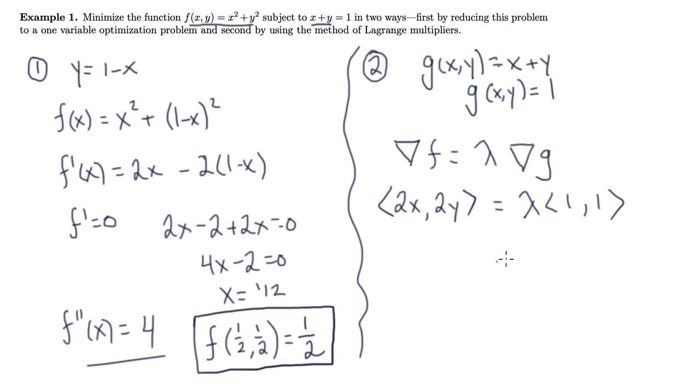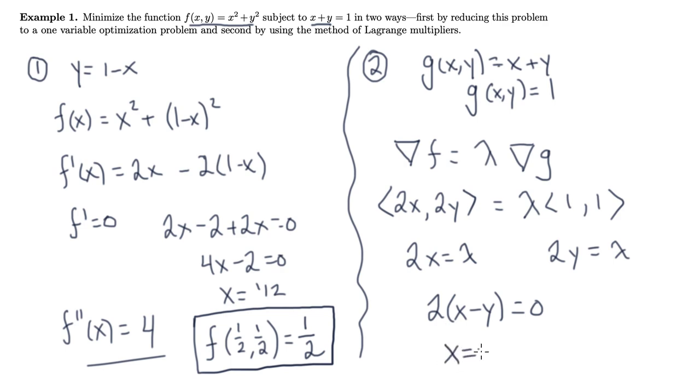Okay, so what we see is we actually get two equations. We get 2x equals lambda for the x coordinate, and we get 2y equals lambda for the y coordinate. And now if we subtract these two equations, we get 2 times x minus y equals 0. But the only way this is true is if x is equal to y.